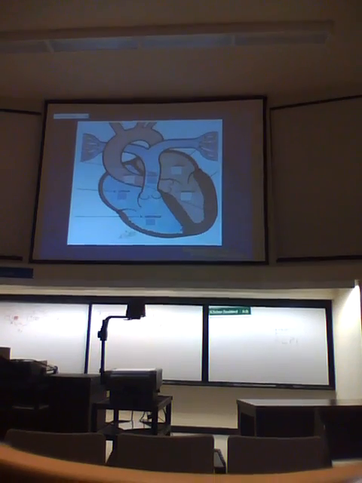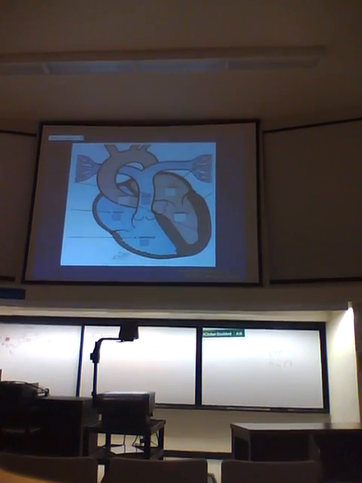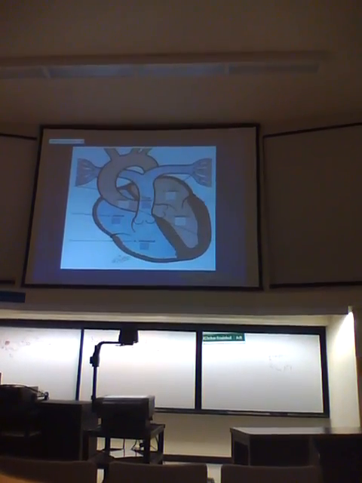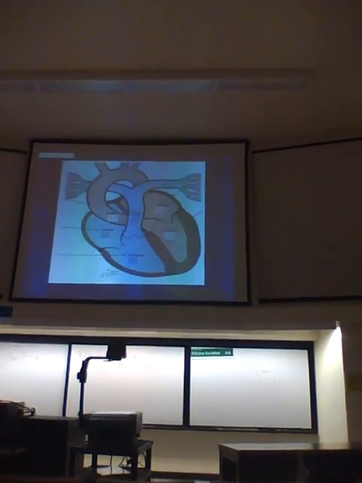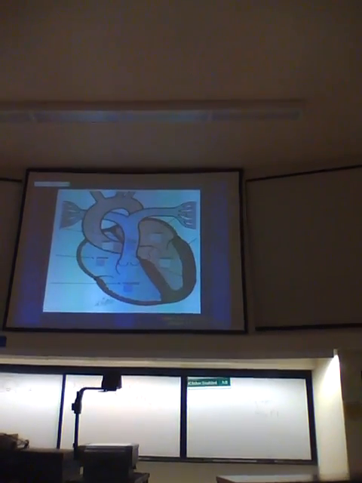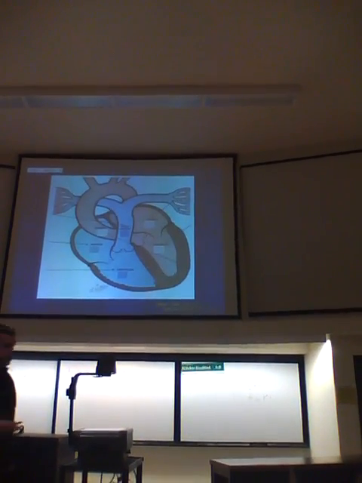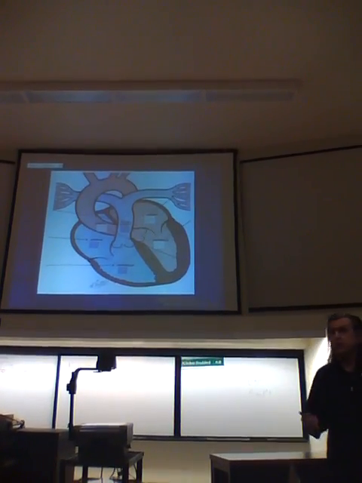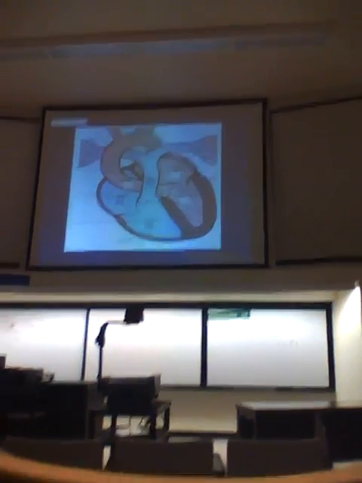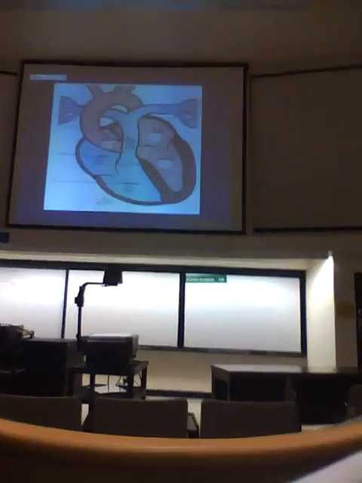That is preload. So if the pressure here is higher, then when this valve opens, you will fill the ventricle more completely. And you have a range there where you can actually fill the ventricle from, say, 140 to 200 something. So this all depends on the pressure just before the valve opens.